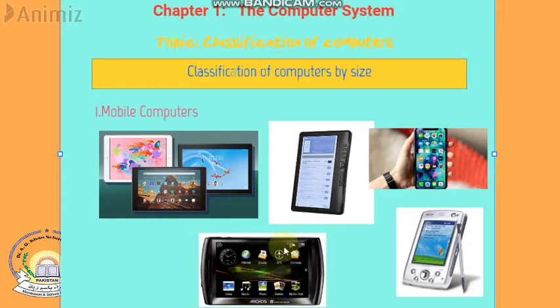So these are devices that are very rarely used, but these are mini computers, or mobile computers, because they are small, they are the size of mobiles, and they can be easily carried from one place to another. So these are examples of a mobile.